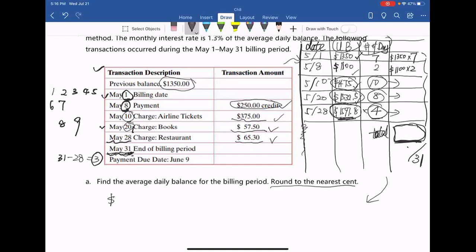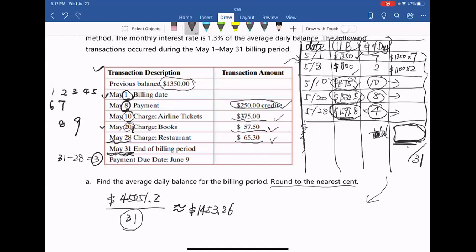So the sum of the unpaid balance for each day in the billing period, this total amount is 45,051.2 and divided by 31 because 31 days, approximately equals 145.326.